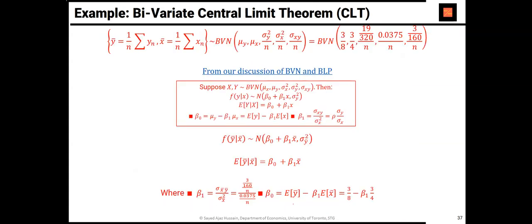But that allows you to do what you wanted to do, which is the following. You wanted a way to be able to give me a value of x and predict a value of y. So the bivariate normal trick says, rather than using a value of x to predict the value of y, why not take the value of the average x and then try to predict the value of an average y?